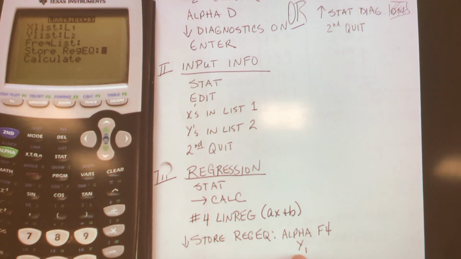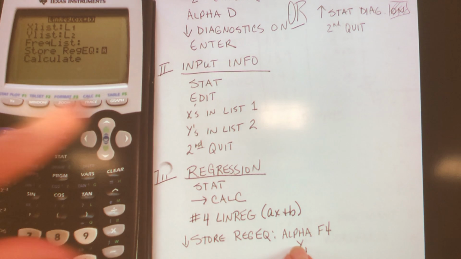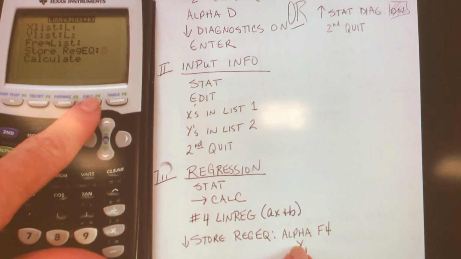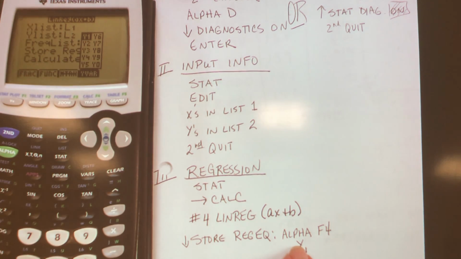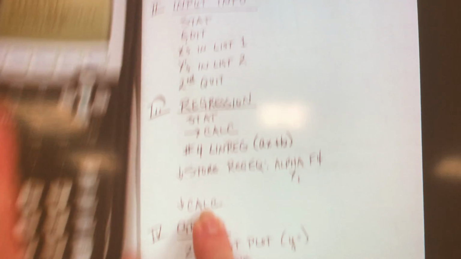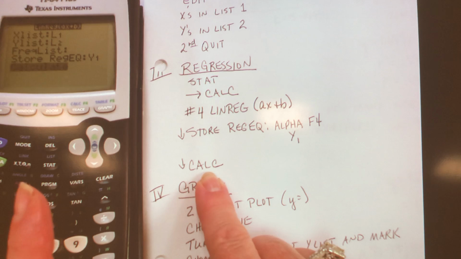But I want mine to store in Y1. So I'm going to go alpha, that's the green key, and they give me these green letters up here, F4, and I'm choosing Y1. If you had one in Y1, you could put the next one in Y2, and that way you could compare what they looked like. Okay? Then I go down to here to calculate. I'm right here on my paper. Okay? And I'll press enter.